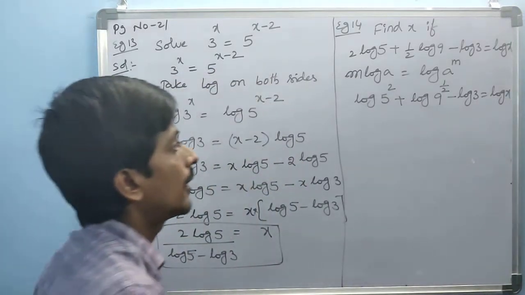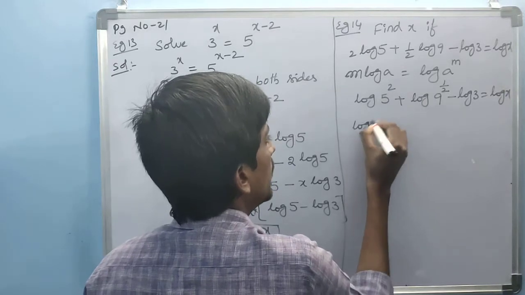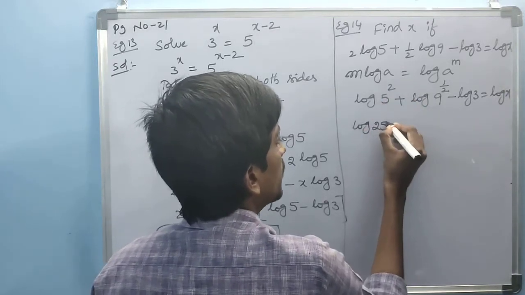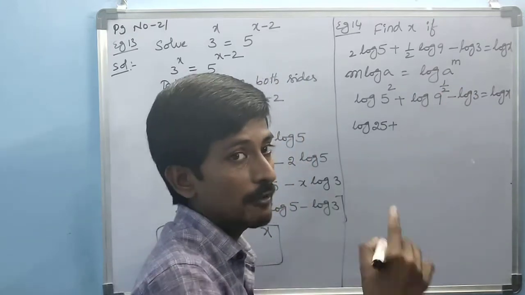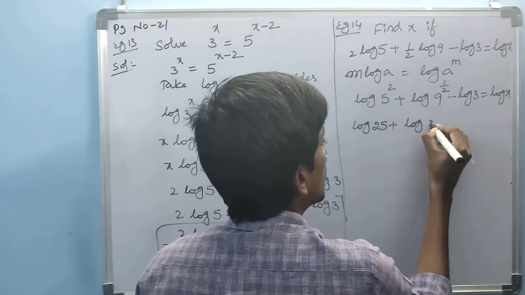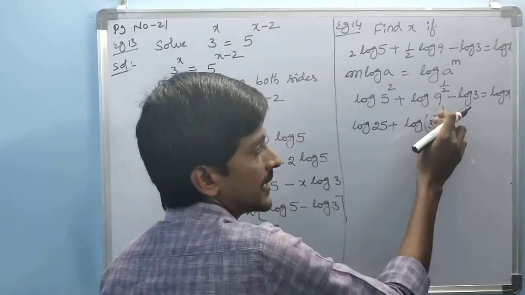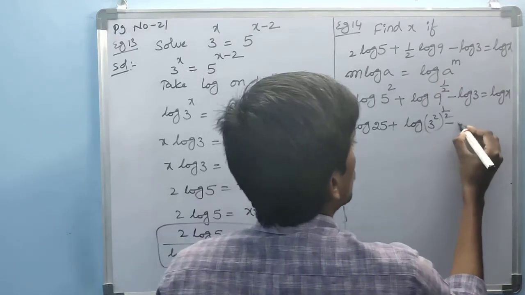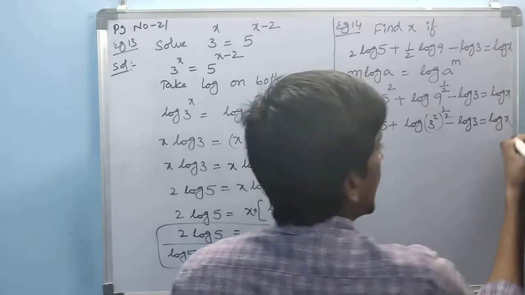Log 5 square means log 25, plus log 9 power 1 by 2. 9 power 1 by 2 means root 9, or 9 can be written as 3 square whole power 1 by 2, minus log 3 equals log x.